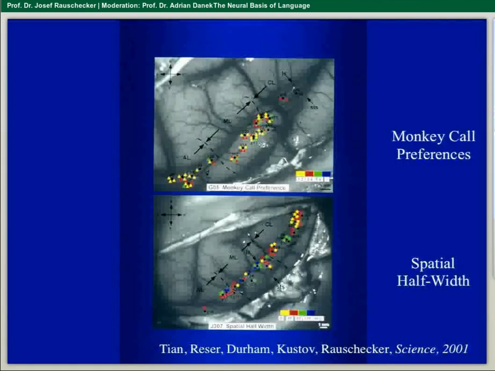And it turned out that, as I said, the monkey call preference, the type of call, was mostly processed in this anterior region, although there were some exceptions. There was some back here, but in the very back there was none of that. And conversely, in that part, which wasn't interested so much in the monkey call type, we had neurons that were very sharply tuned for the location of the call, whereas they were absent in the very anterior portion.